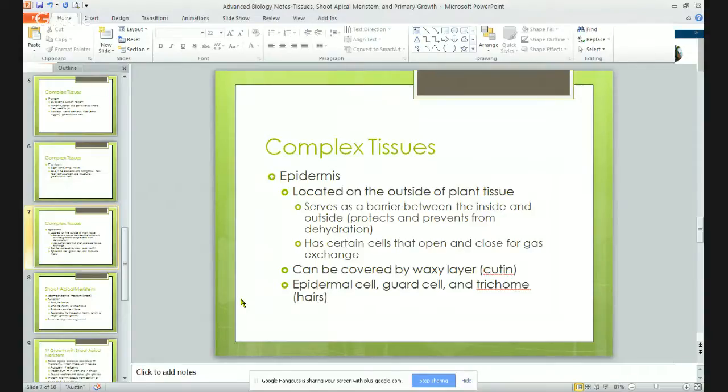And then if you look over on the far left, you've got those guard cells. They come in pairs, so you're going to have a right and a left there. And I've shown this kind of like the carrier proteins in the cell membrane. They're going to open and close.